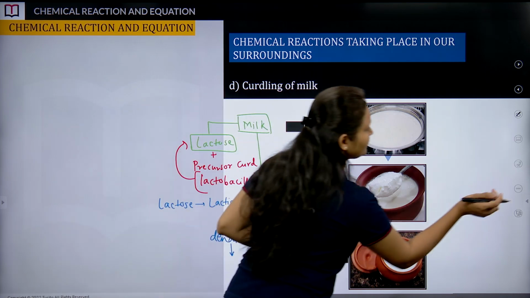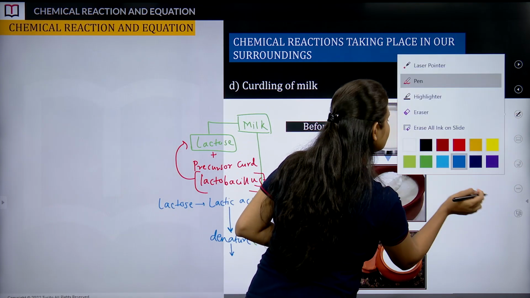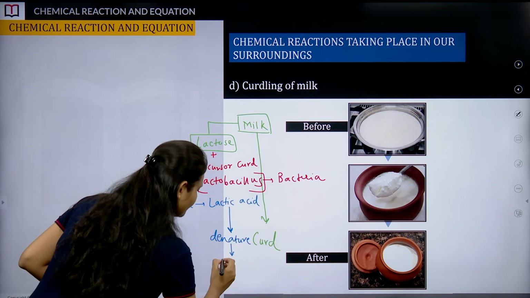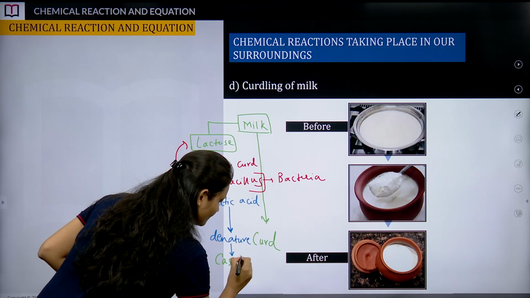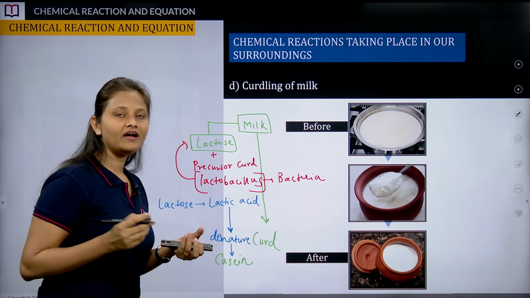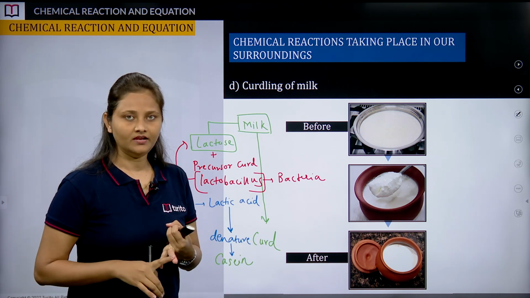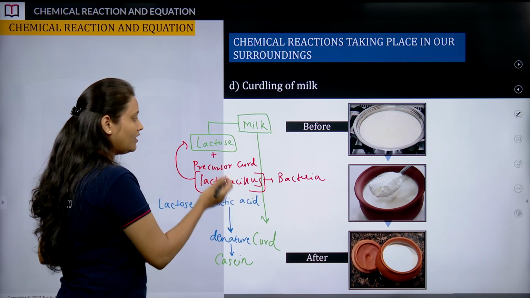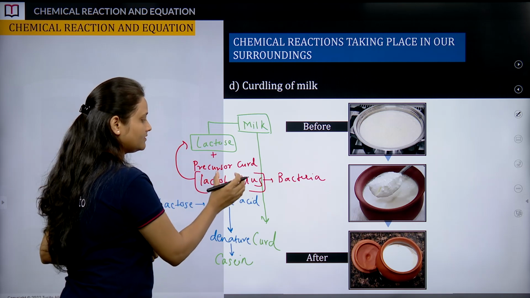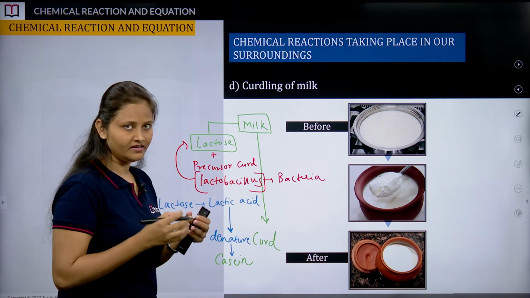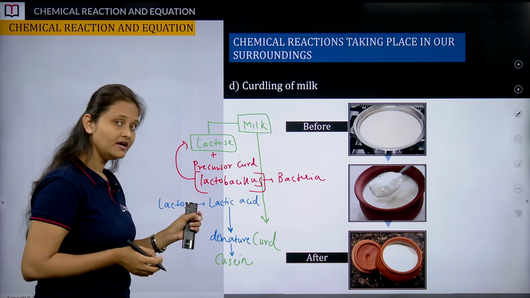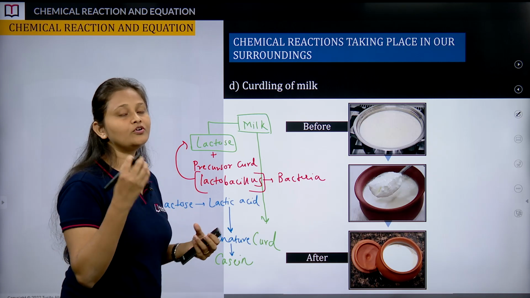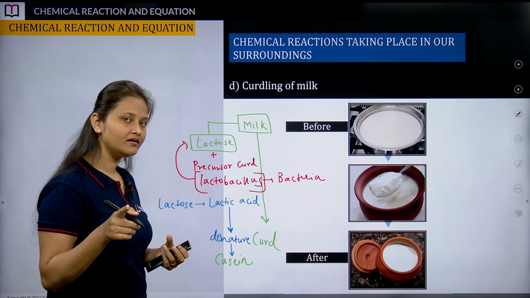It has a protein known as casein. So milk has whey protein and casein. So now the lactic acid which we have obtained when lactose and lactobacillus bacteria react is going to change the structural arrangement of the protein which is present in the milk.